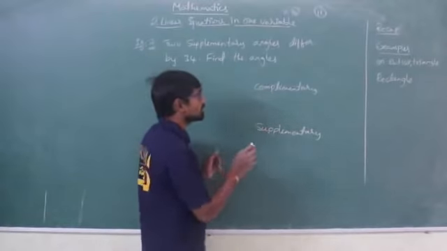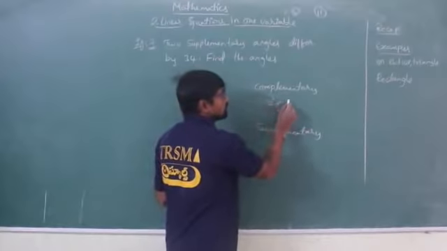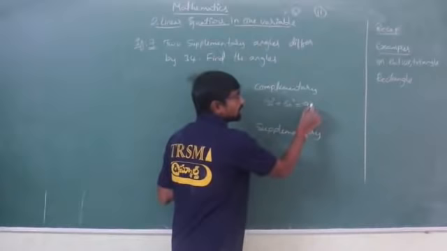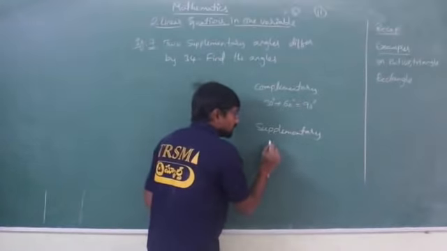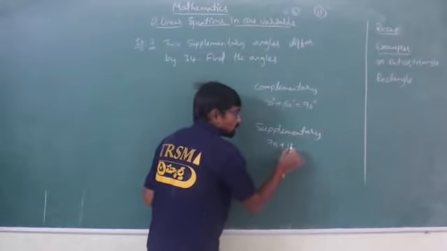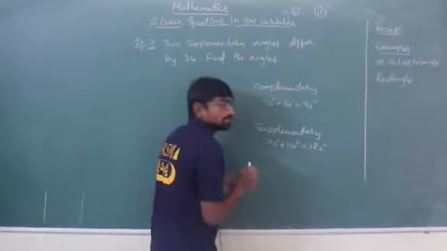For example, 30 plus 60 gives 90 degrees. If I take 70 degrees plus 110 degrees and add both angles, I get 180 degrees.